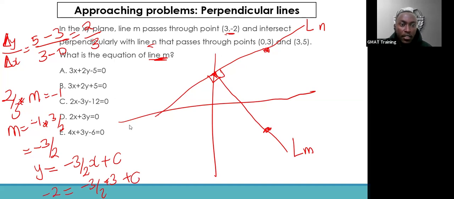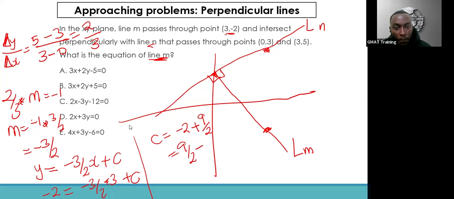Negative 3 times 3 is negative 9, so c will be negative 2 plus 9 over 2, which is 9 over 2 minus 4 over 2, which is 5 over 2. This is the y-intercept.